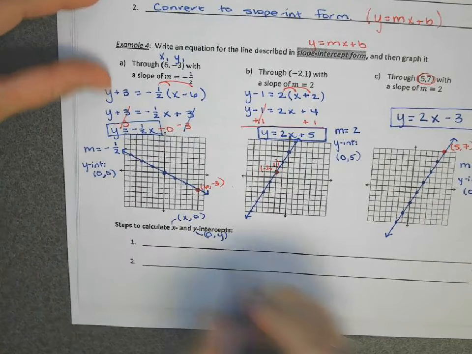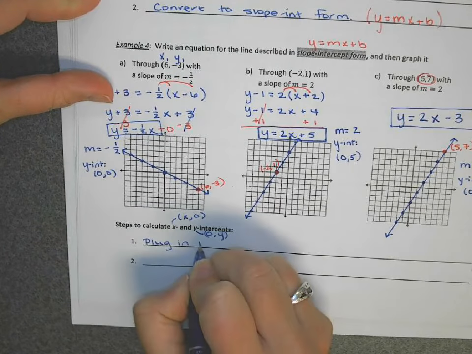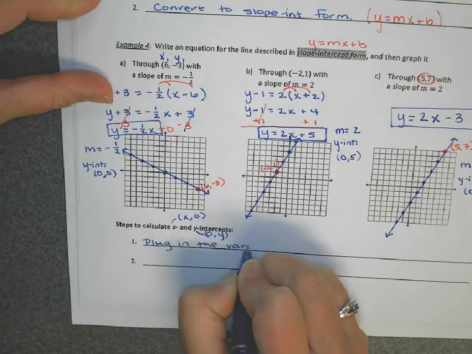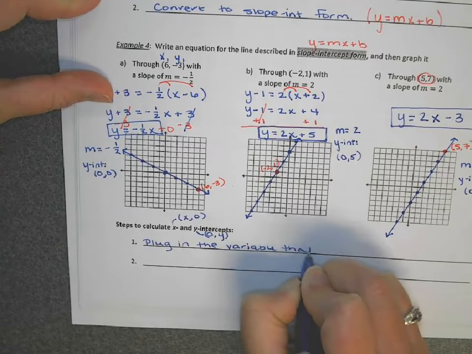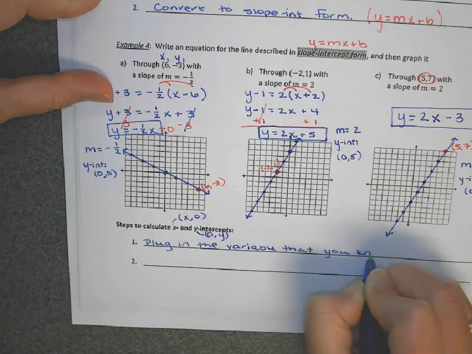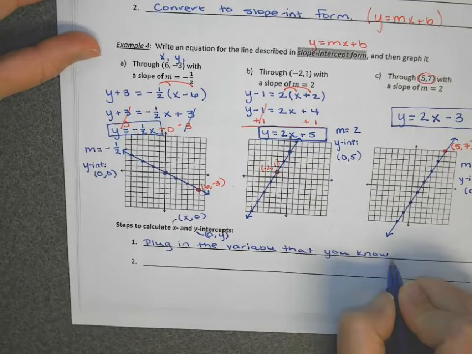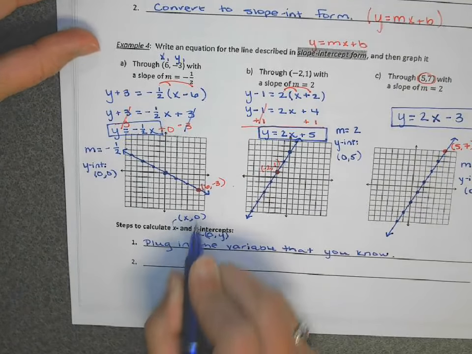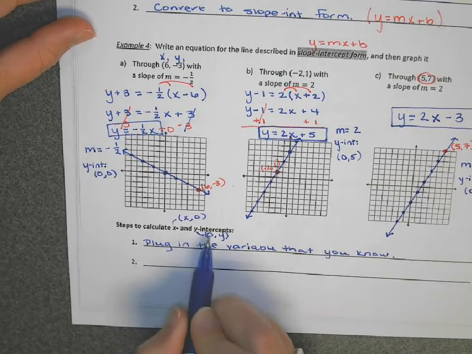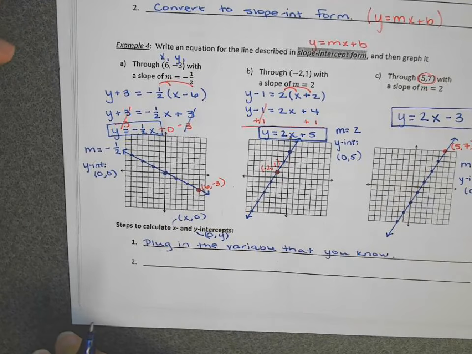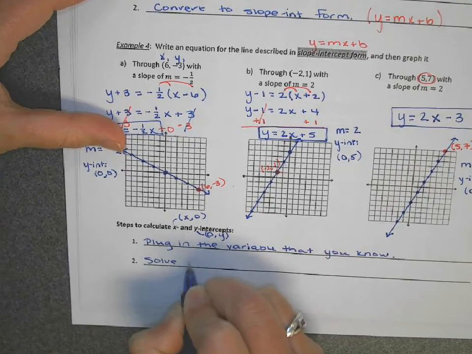So step 1 is to plug in the variable that you know. If you're looking for the x-intercept, you know y is 0. If you're looking for your y-intercept, you know that your x is 0. And then you solve for the unknown variable.